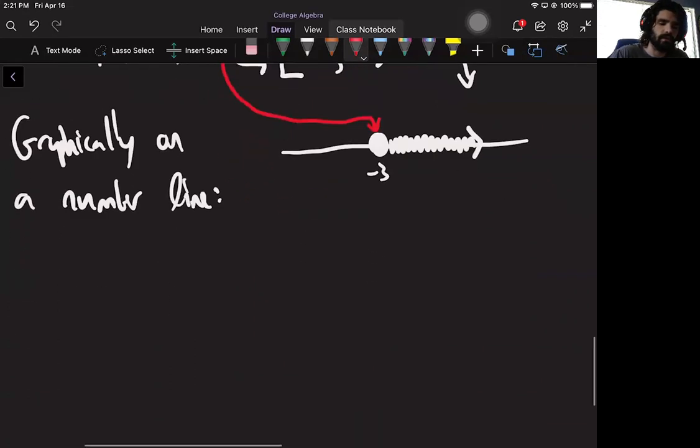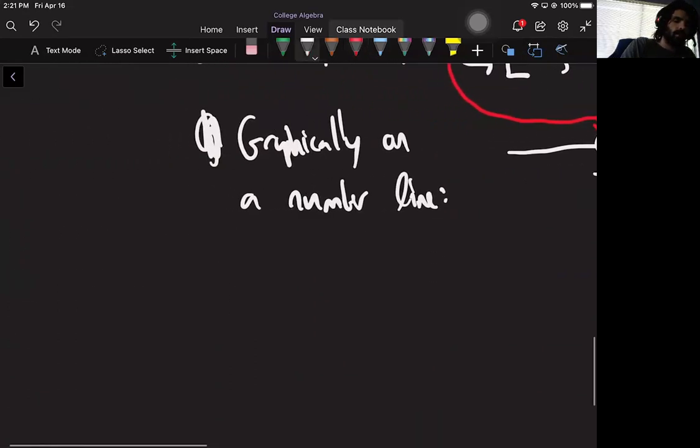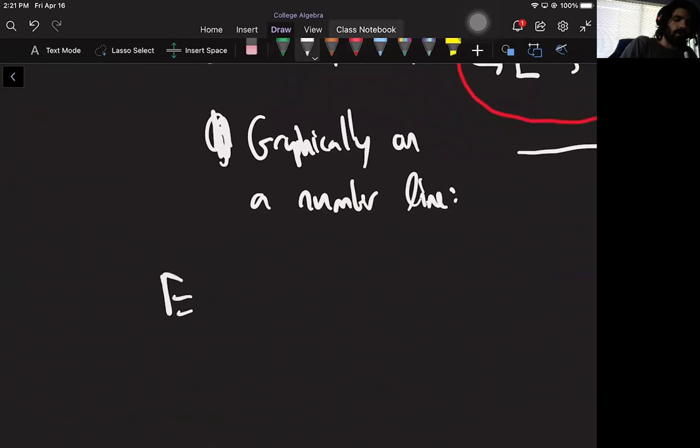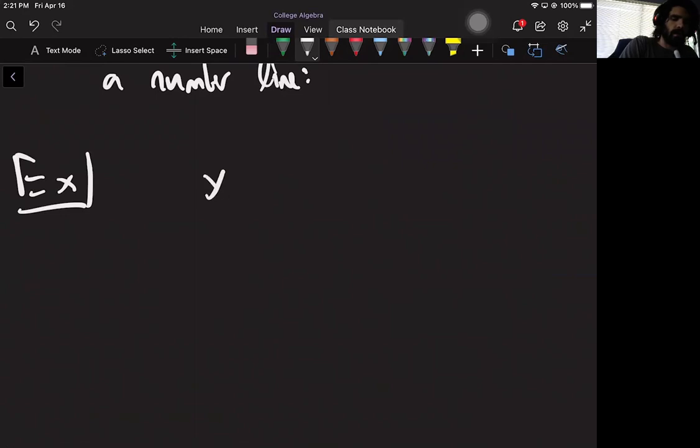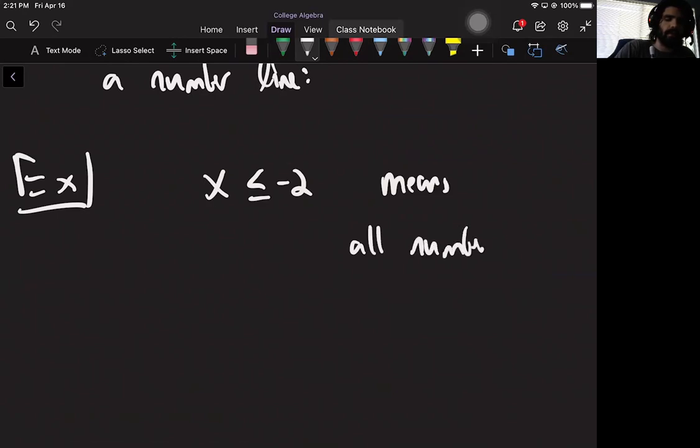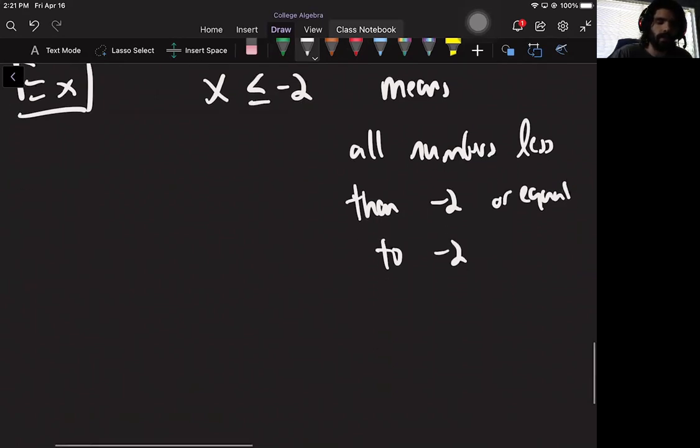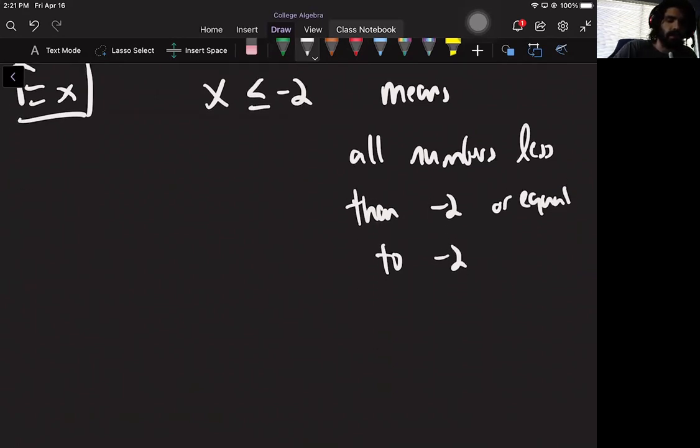Actually, let me do the other direction first. So up next, if I say something like x is less than or equal to -2, that means all the numbers to the left, less than whatever you're talking about, -2, or equal to -2. So now the biggest I want is -2, and then I want to go to the left forever.